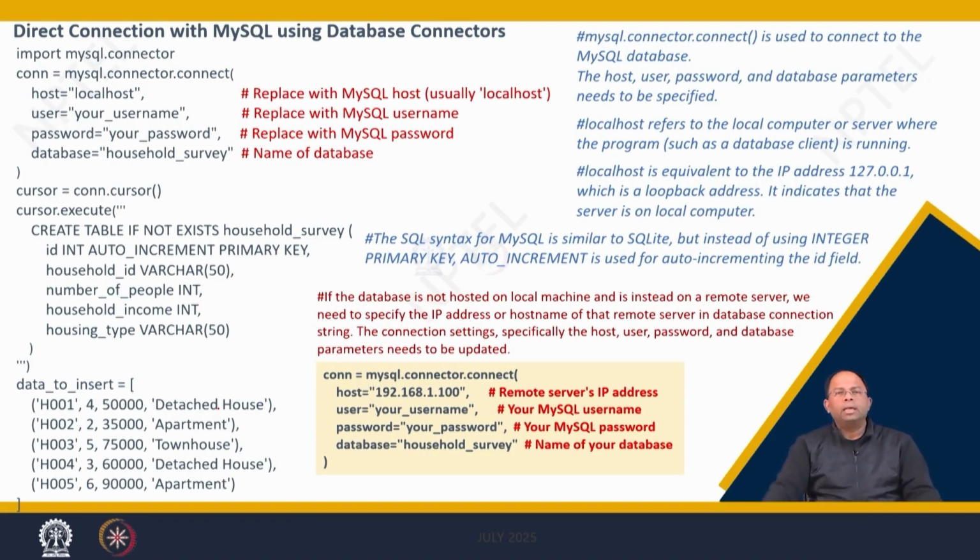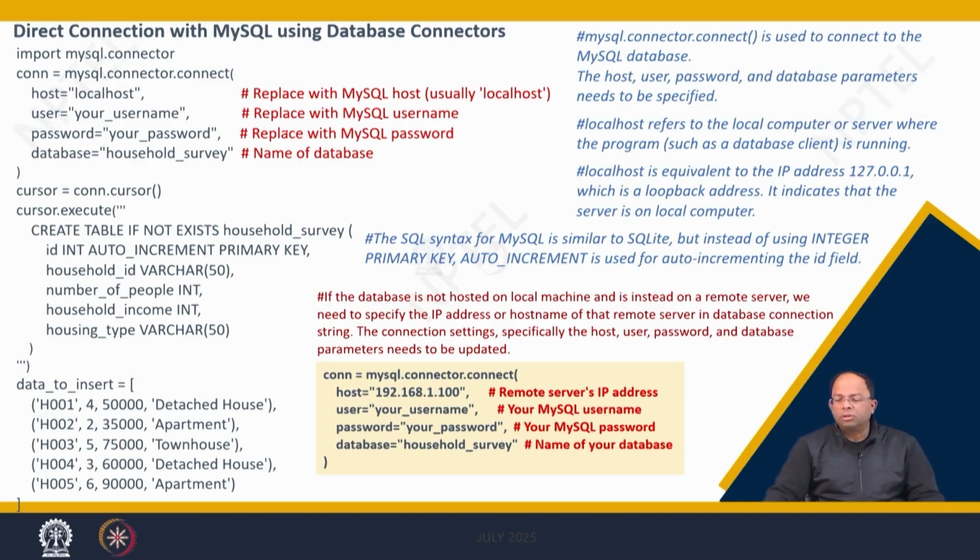So how do I establish this connection in MySQL? More or less it is the same as what we did in SQLite, the only difference being that we have to specify the connection properly, right? Over here, the first statement is import mysql.connector, which imports the connector, and then there is con equal to mysql.connector.connect.